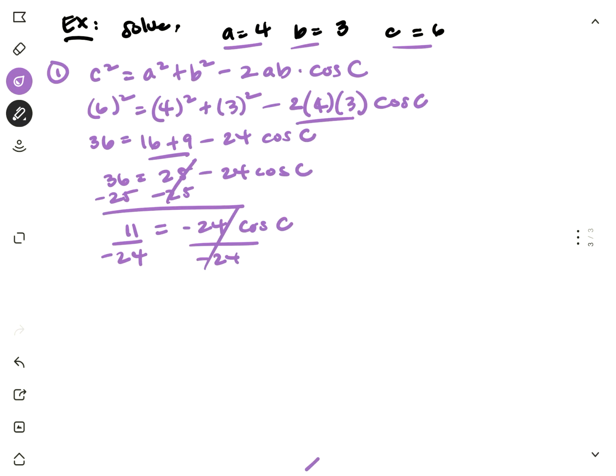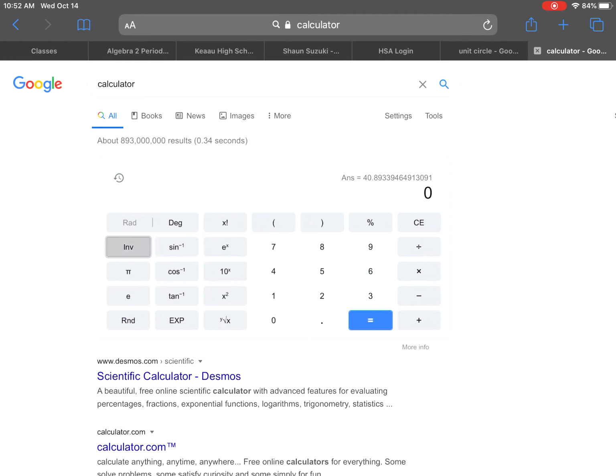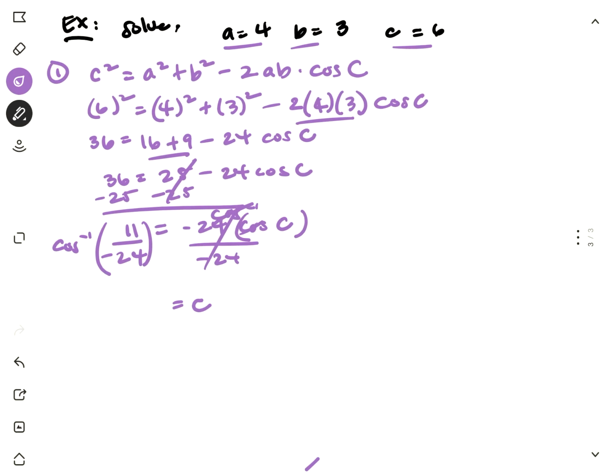And now that we have cosine, we can use cosine inverse, which will undo that, to just get c. So c is going to be equal to, let's plug that into our calculator, inverse cosine of negative 11 divided by 24, and we get 117.3. Okay, we found our first angle.